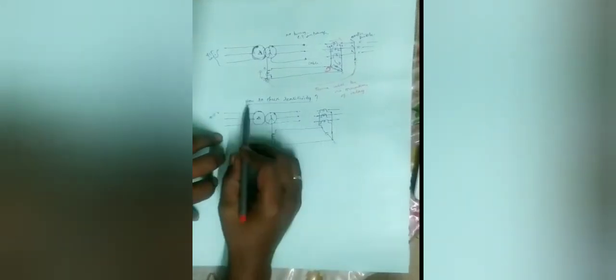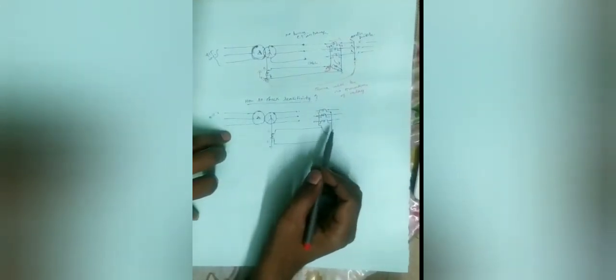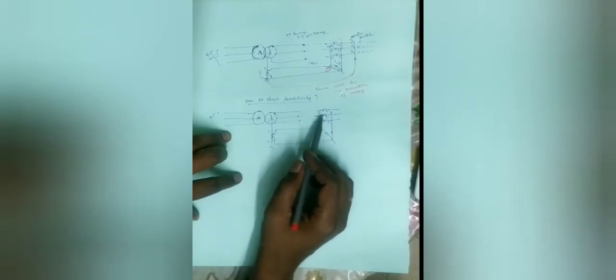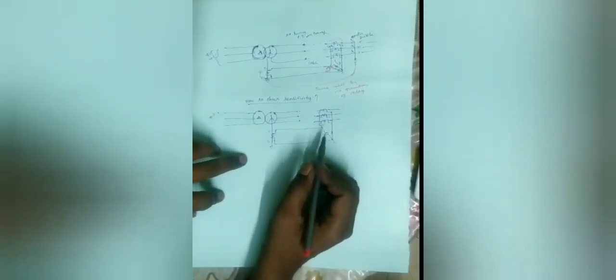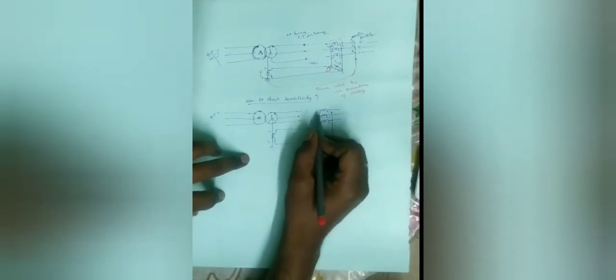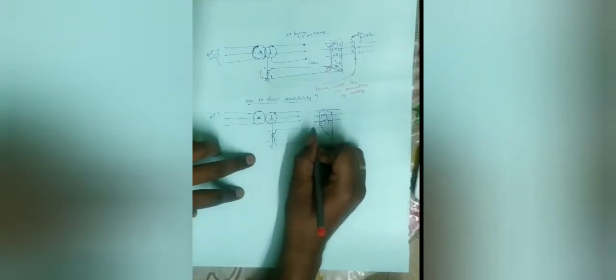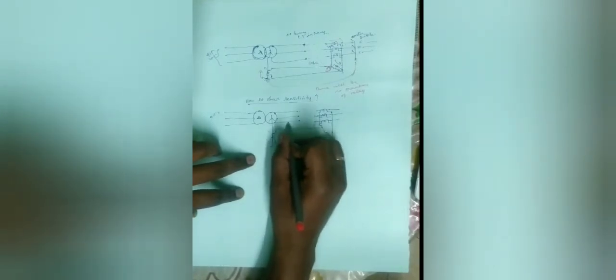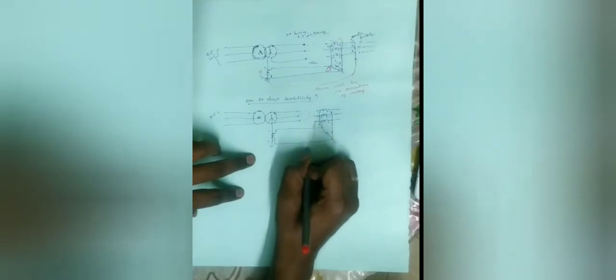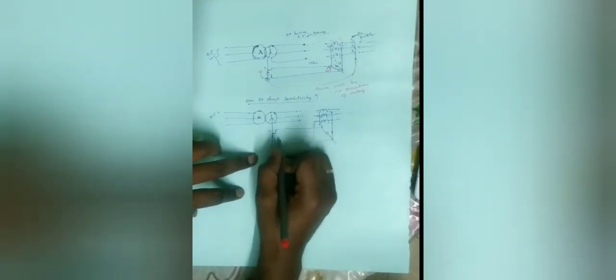So now how to check the sensitivity? If it is a horizontal panel, you can do it both ways. Either you can short any phase to earth, which means there will be flow of current only from this way.